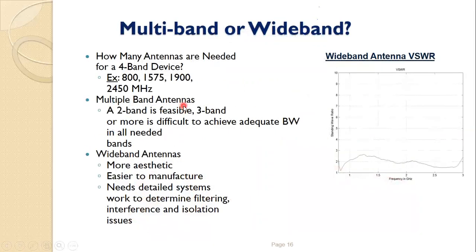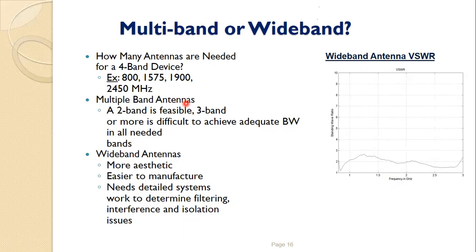Next one is multiband or wideband. Wideband antennas are very popular nowadays because we need to perform different functions and tasks at the same time. GSM frequency is 800 megahertz, Wi-Fi is 2.4 gigahertz and CDMA is approximately 1900 megahertz.